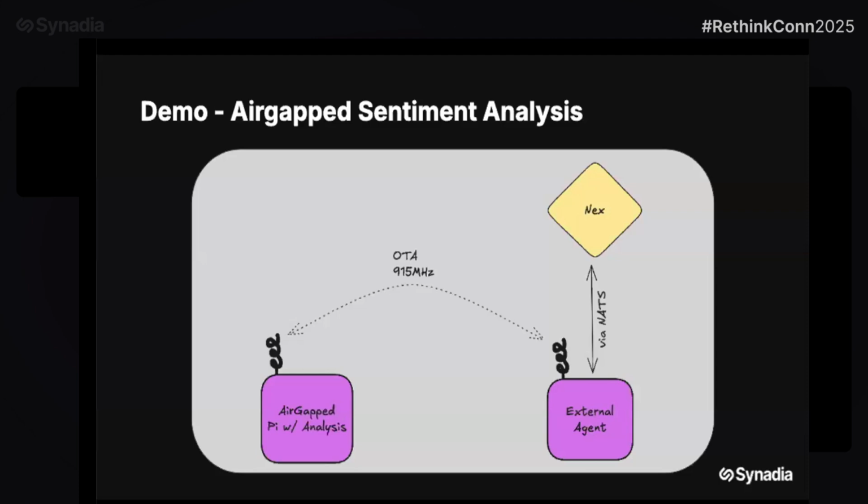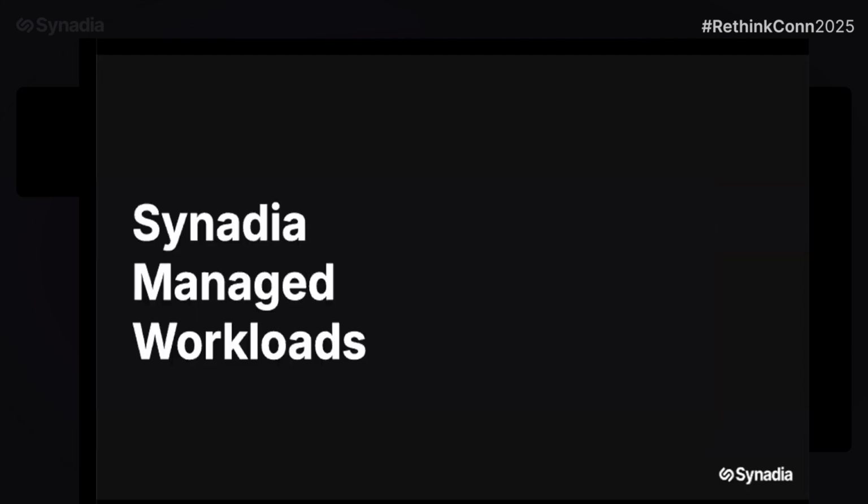It's just listening on 915 megahertz. That Raspberry Pi will then do sentiment inferencing. It'll look at the message, decide if it's neutral, negative, or positive, and then send it back. Then the agent will send it back to our node. So if it all goes well, we should be able to see sentiment analysis over the air.